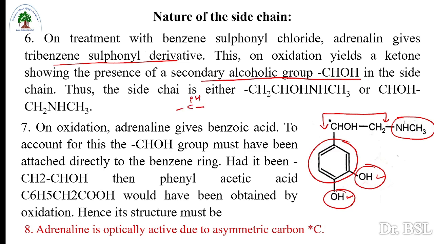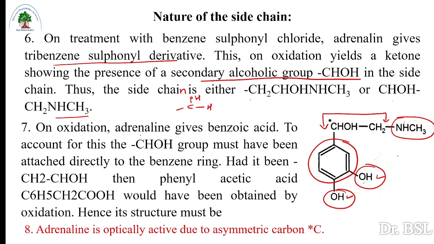Thus the side chain is either CH2 CHOH NHCH3 or CHOH CH2 NHCH3. Either this OH will be on the first or second carbon.